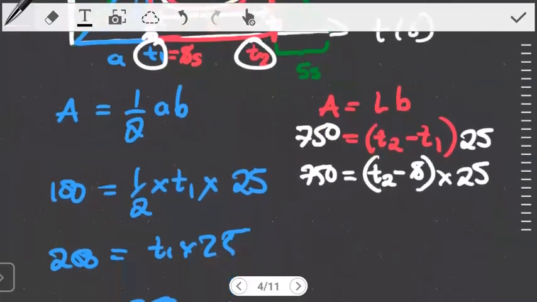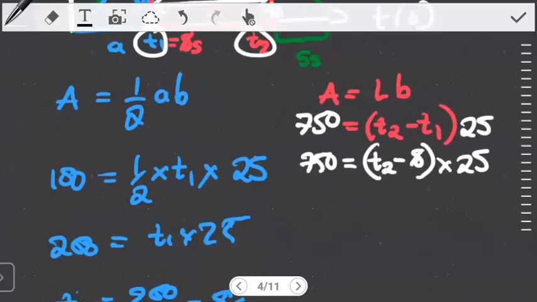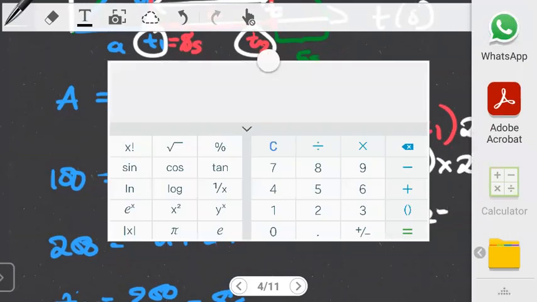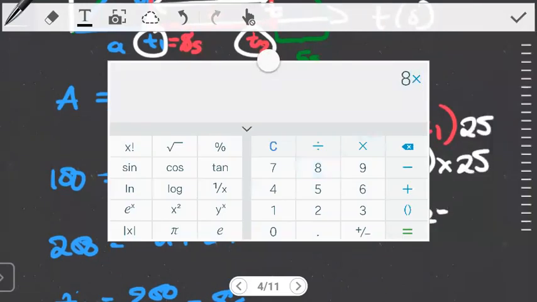So if we do that, this expression now becomes, we just have to simplify this a little bit further. If we simplify this, how will it become? We just have to multiply the 25 inside, so we have 750 is equal to 25 T2 minus, then we multiply that 8 by 25.